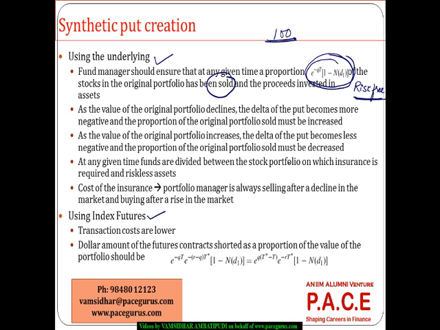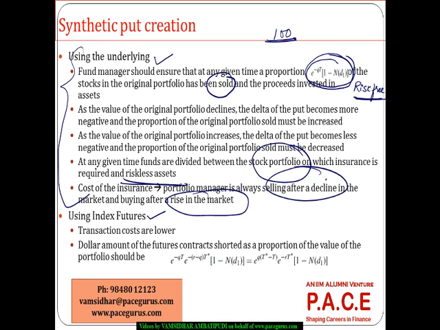The funds are divided between the stock portfolio, on which insurance is required, and the riskless assets. But there is a cost because of buying and selling. You are buying after a rise in the market, which means buying at a higher price, and selling after a decline in the market, so I may not get the right price. So this is one reason. Using the underlying, though I can create a synthetic put position, I may not be advised to do that because there is a heavy cost involved in the process.